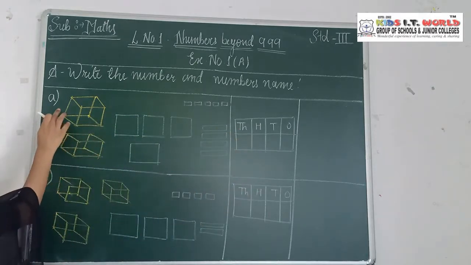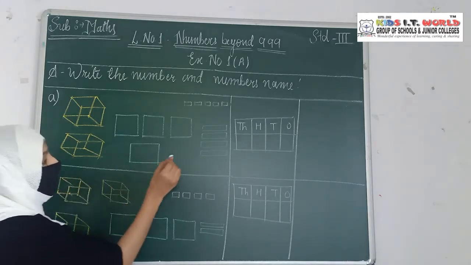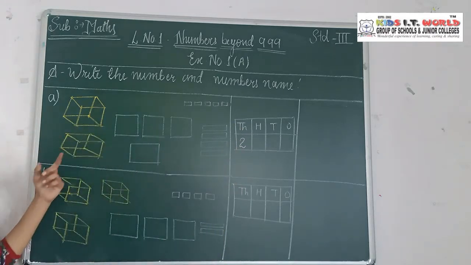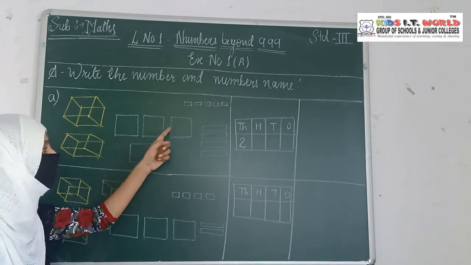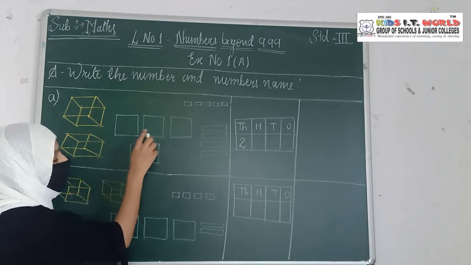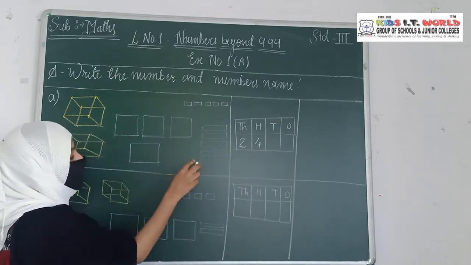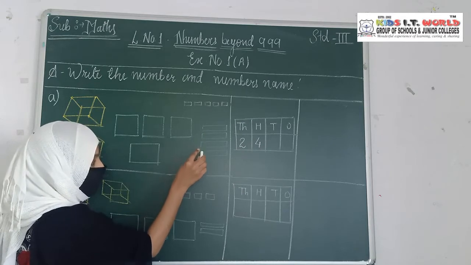So on the thousands place, how many cubes are there? 2. So you will write 2 in the thousands box. Here how many squares are there? 1, 2, 3, 4. So the value of hundreds here is 4. Now on the tens place, how many rectangles are there? 1, 2, 3, 4.